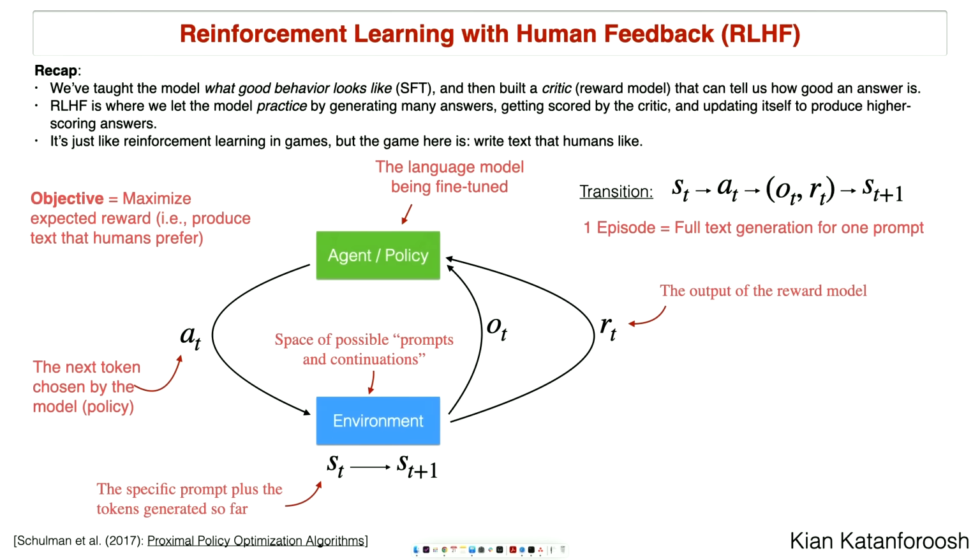Okay? In this case, one episode is one full prompt. So imagine that you get a prompt and you start generating and you go through this reinforcement learning loop and you observe the rewards and then you try to maximize the future rewards. And then at the end of training, you end up with having your pre-trained model turn into an SFT and your SFT turn into a way better model using RLHF.